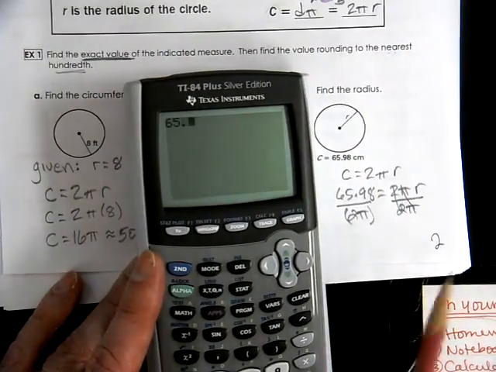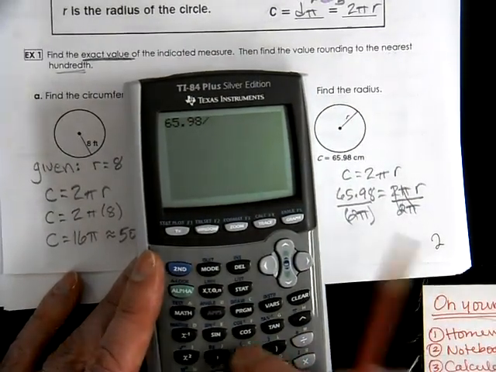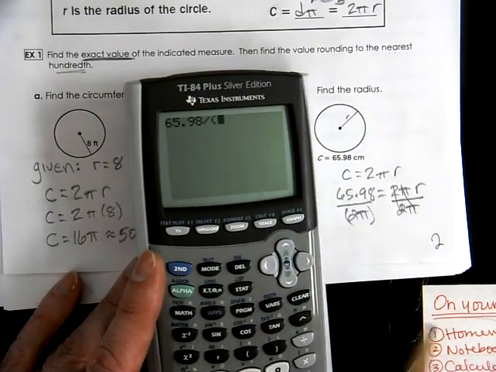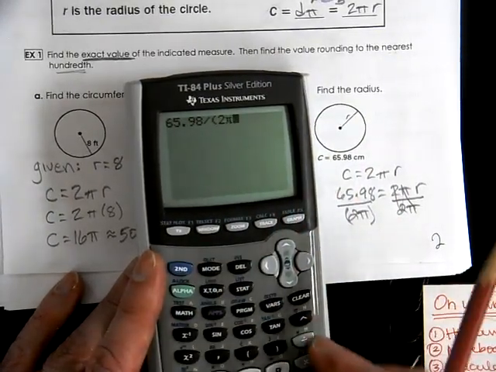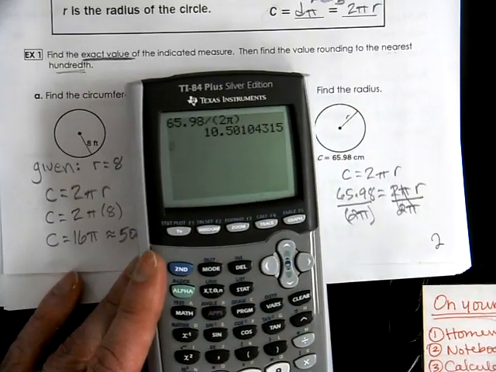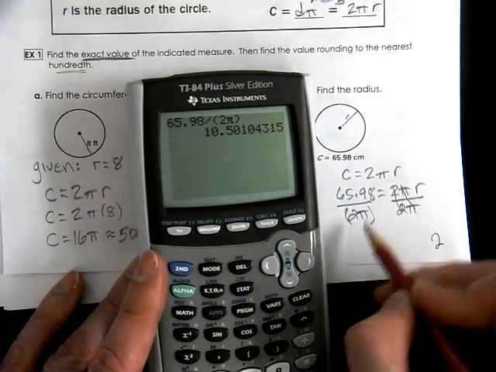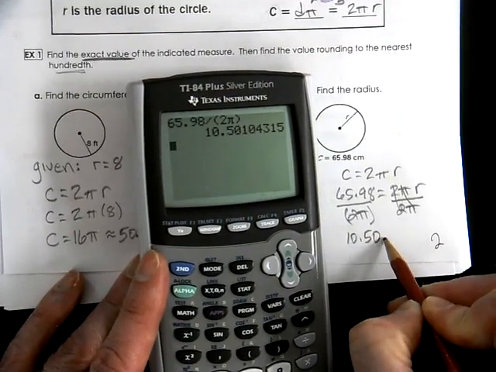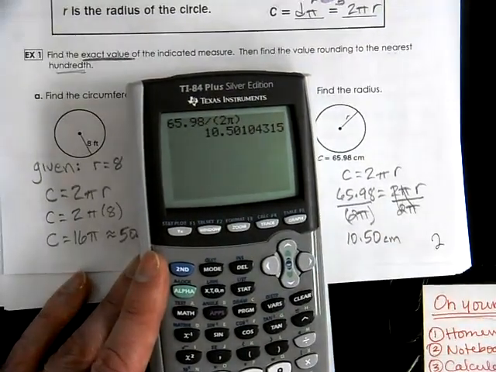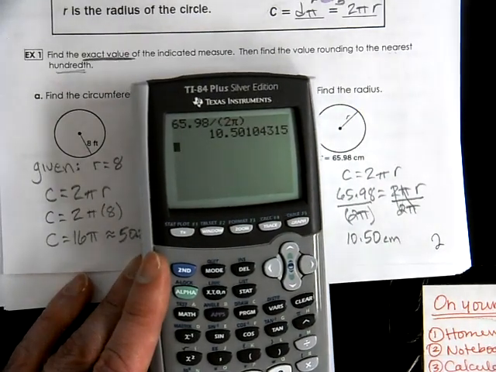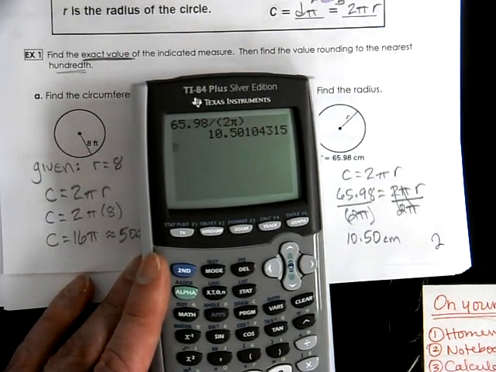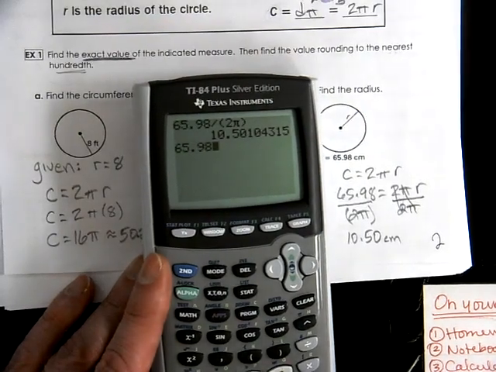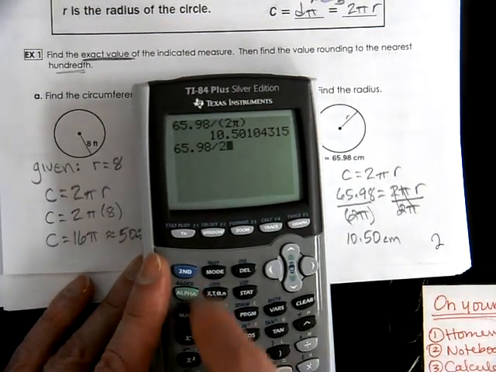So we're taking 65.98 and dividing that, have to use parentheses, 2 pi. So an answer like 10.5, these are centimeters, is somewhat reasonable. Now notice what happens, 65.98 divided by 2 pi.